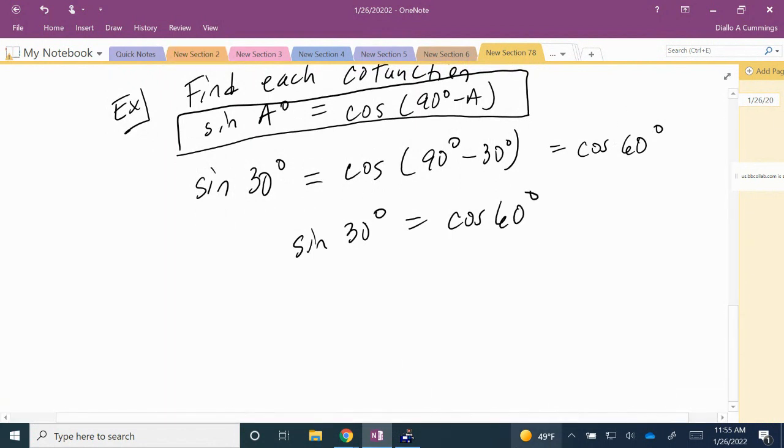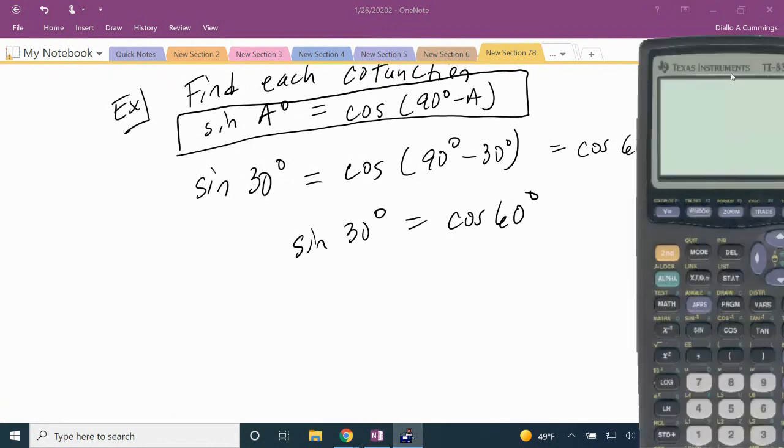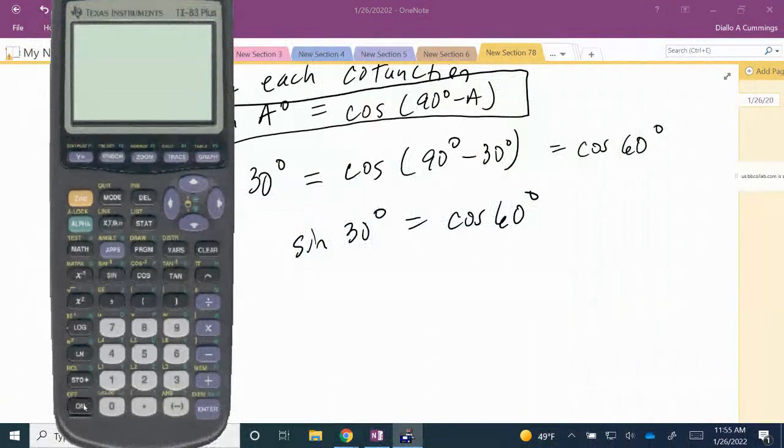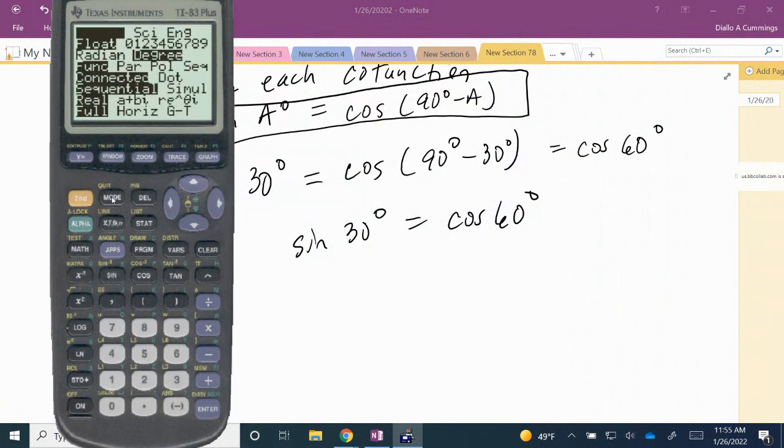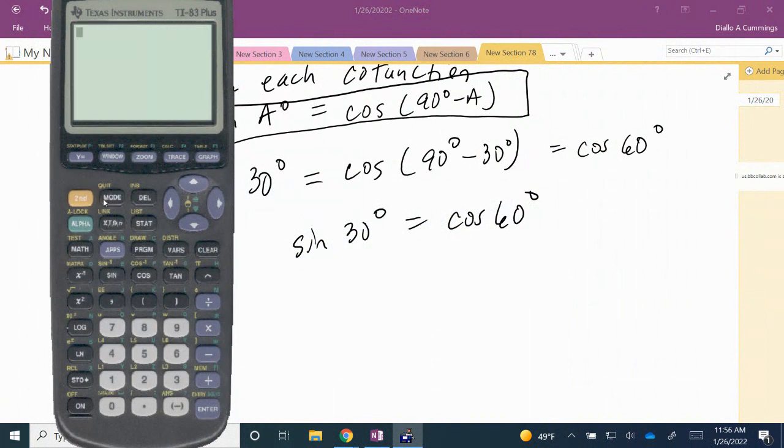So I'm actually going to verify this in the calculator. I'm going to turn on my calculator, and since I'm dealing with degree measure, I'm going to make sure that I'm in degree mode. I can put in the sine of 30, I get 0.5.